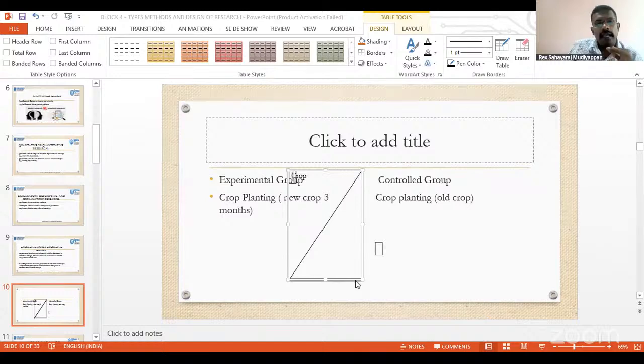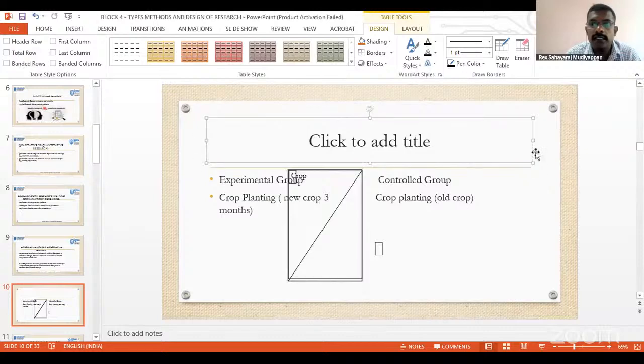It may not be the reason; the new crop itself has the capacity to give the yield within 3 months. You get the point?